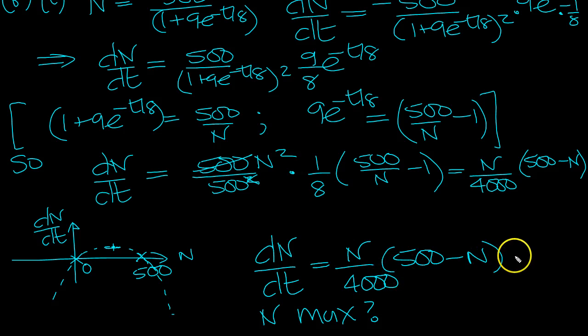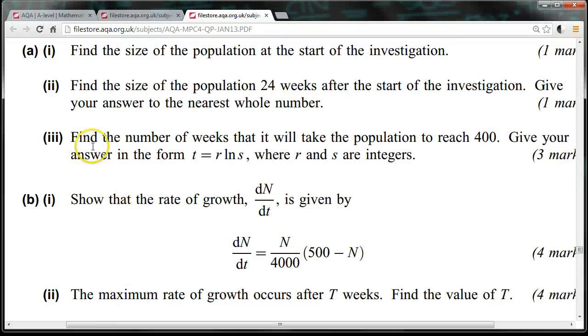Well, we let that equal 0, don't we? So was it when n is maximum? Let's look back at the question. Find the number of weeks that it takes for the population to, and we've done that. The maximum rate of growth. The maximum rate of growth. Find the value of t.